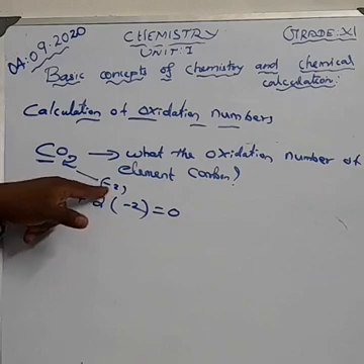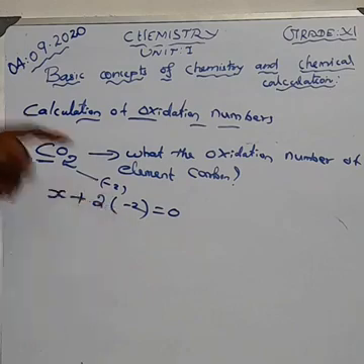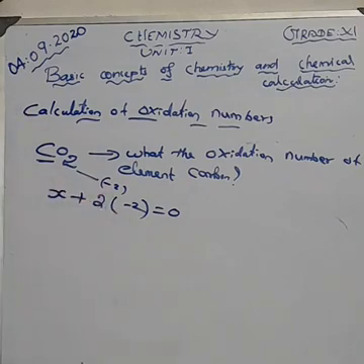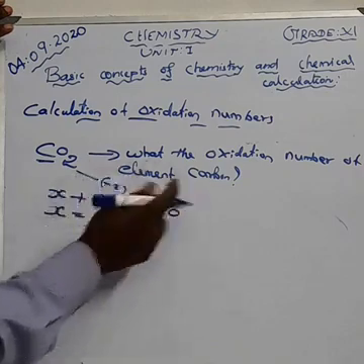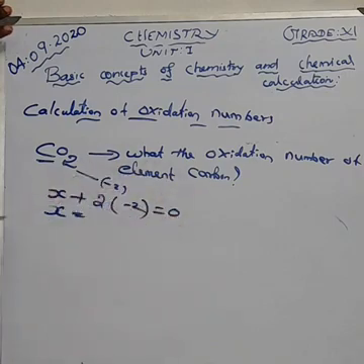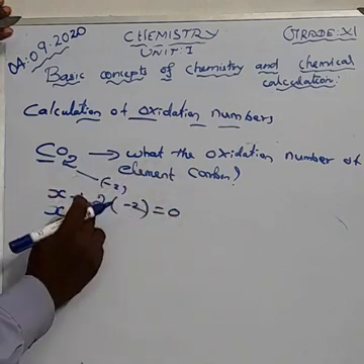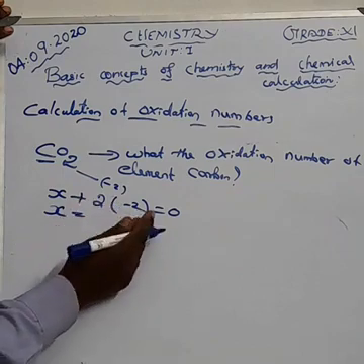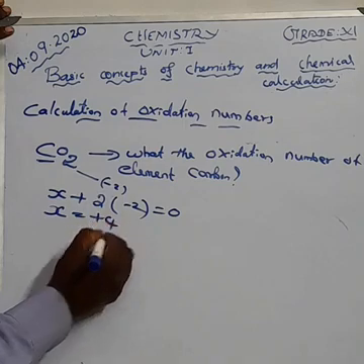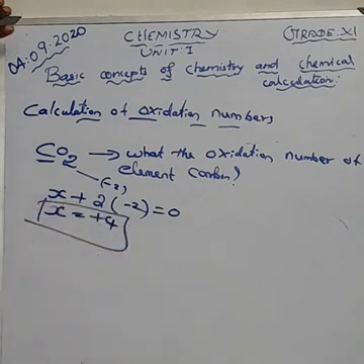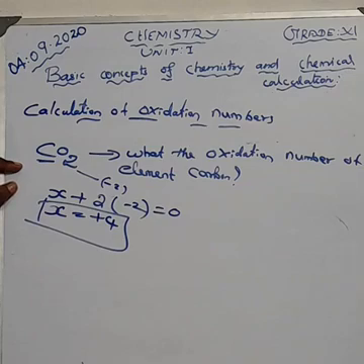So 2 into -2. Clear? So what's the answer? X equals -4 becomes +4. So the oxidation number of carbon is +4. Can you write? Yes or no?